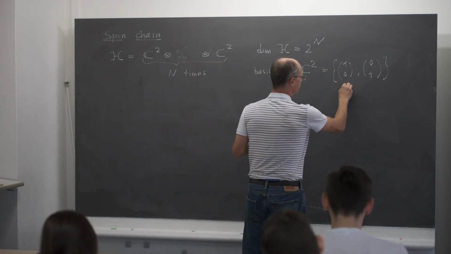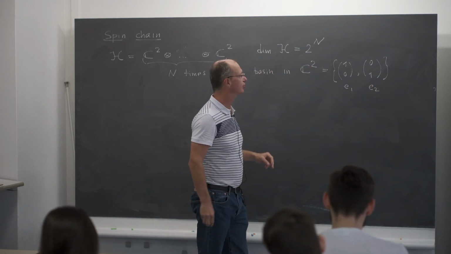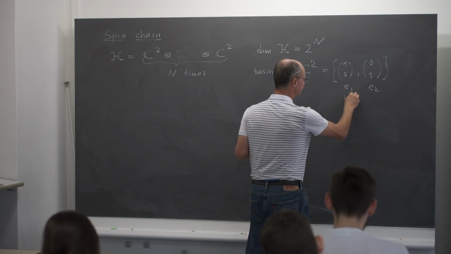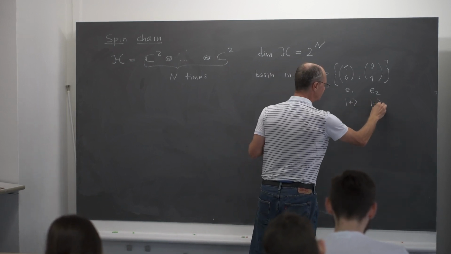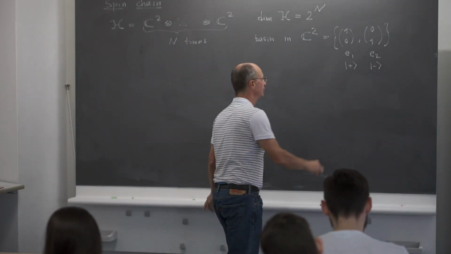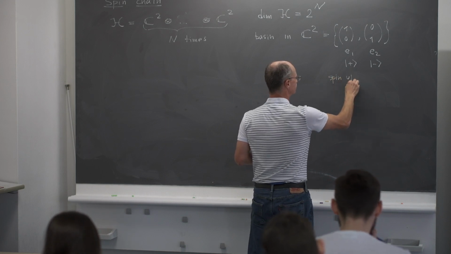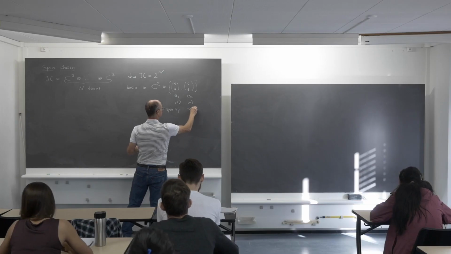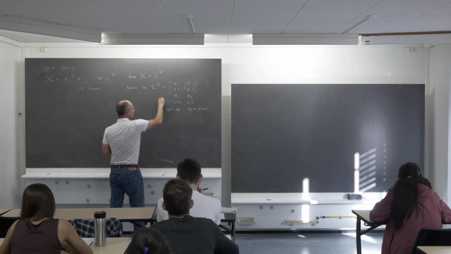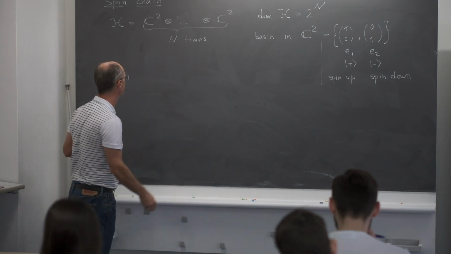Sometimes we'll be using the notation E1, E2 for those two vectors, or the physics style notation, maybe like plus and minus, or in words, spin up, spin down. Whatever it is, it stands for the same basis.